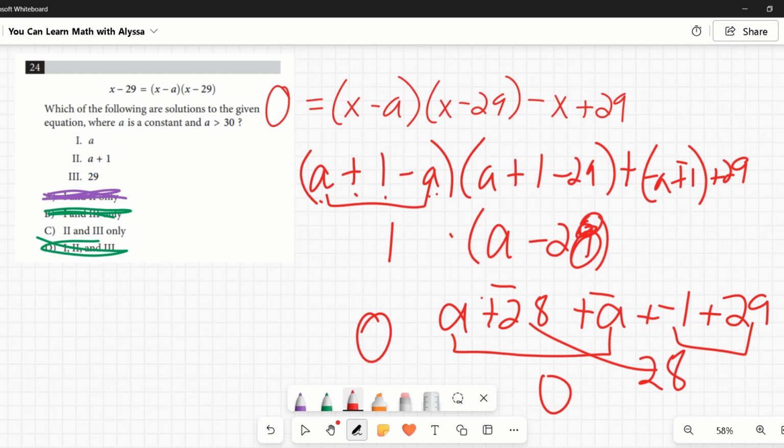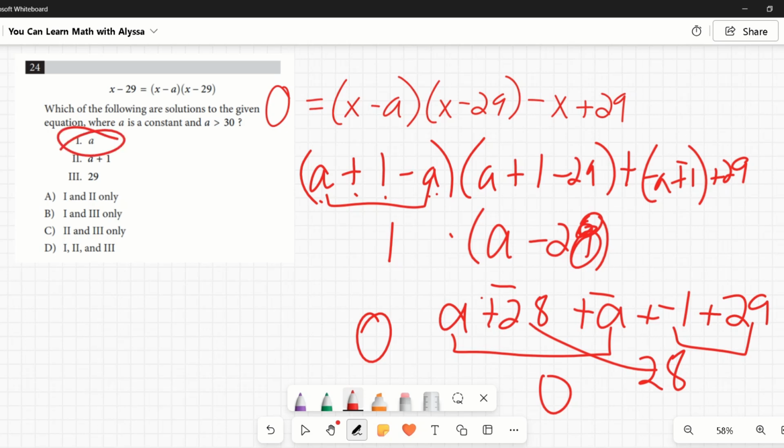So the only answer it could be at that point is C, because it's the only one that doesn't have a 1 in it.